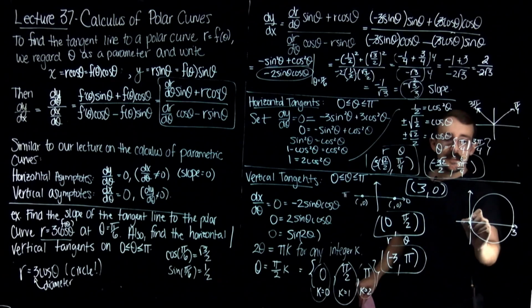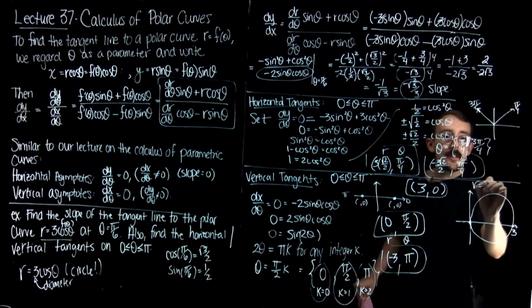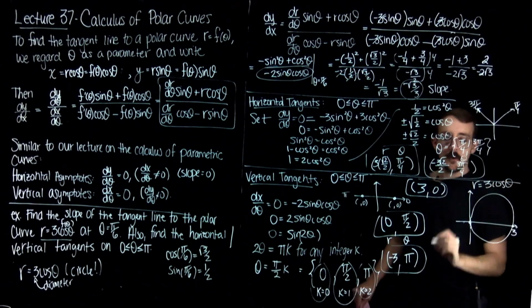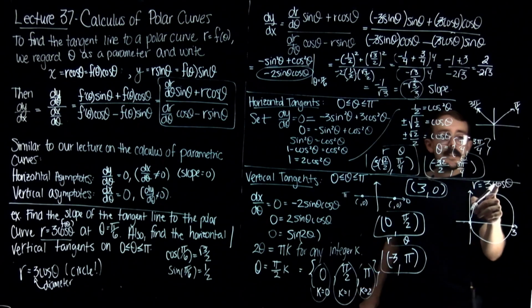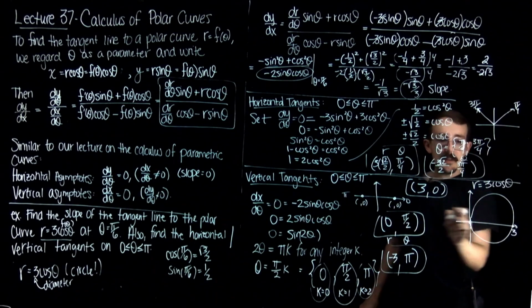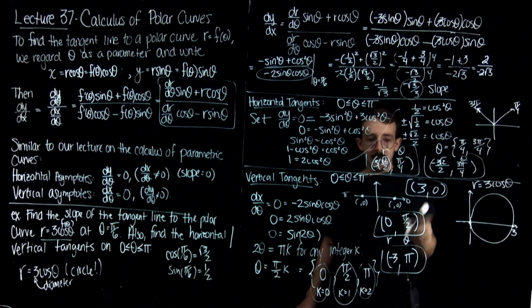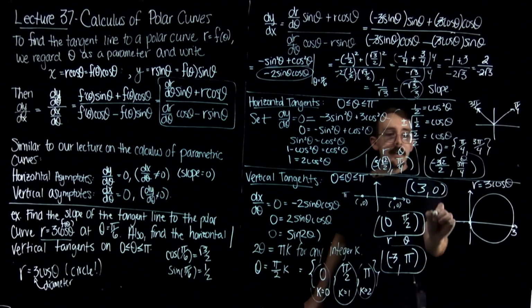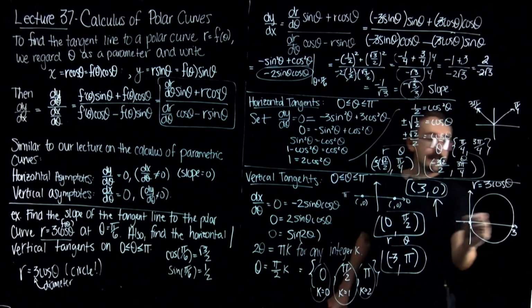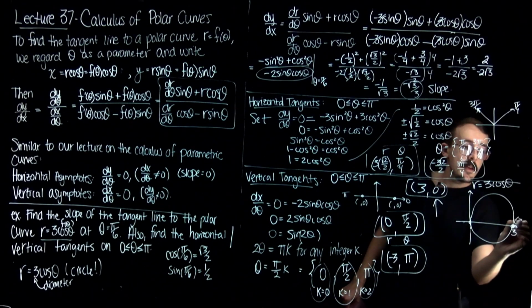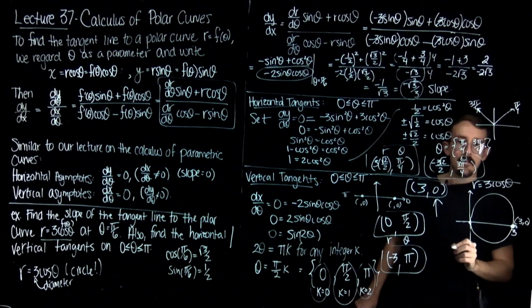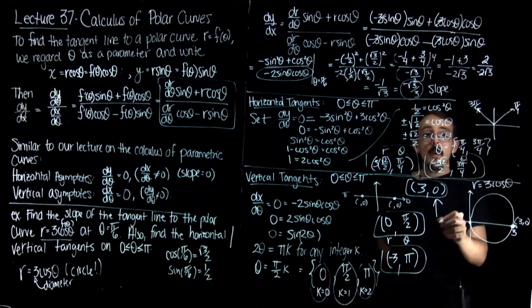So let's think about this for a second. If I have r equals 3 cosine theta, which is a circle, if you plug in the angle 0, let's look at our point here. You're supposed to get 3. So this is the point 3, 0. Then what was our next point?